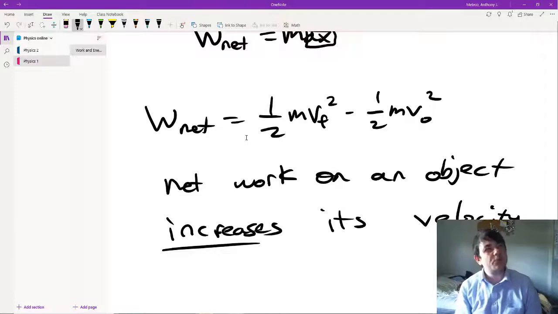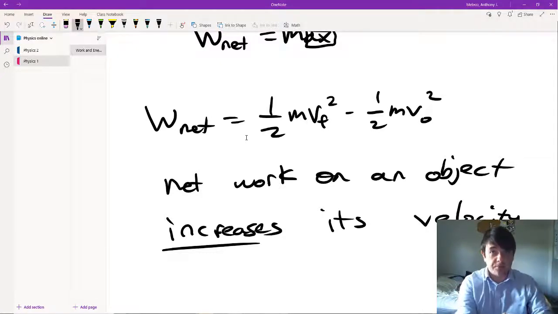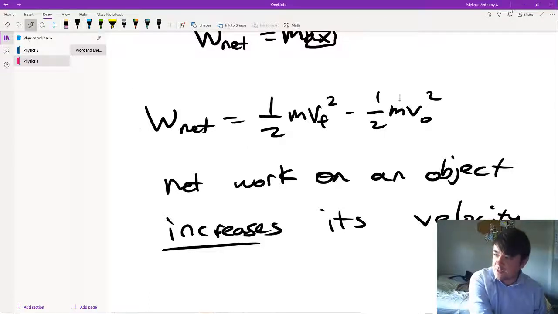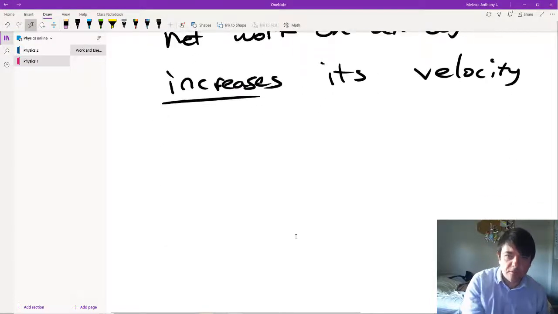But if you think about it, this is pretty obvious. If you're pushing something, you're applying a force over a distance, which is applying work to something, you increase that object's velocity, and so it moves.